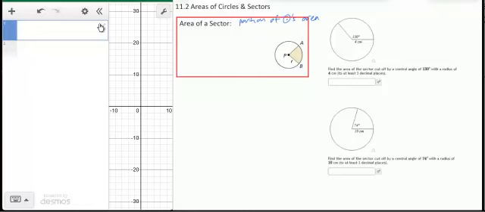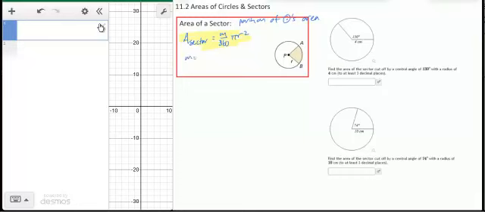And so you're going to take the same calculation. That portion is represented by m over 360, and then the area is given by pi r squared. And so it's just m over 360 times pi r squared that is going to give you that calculation.